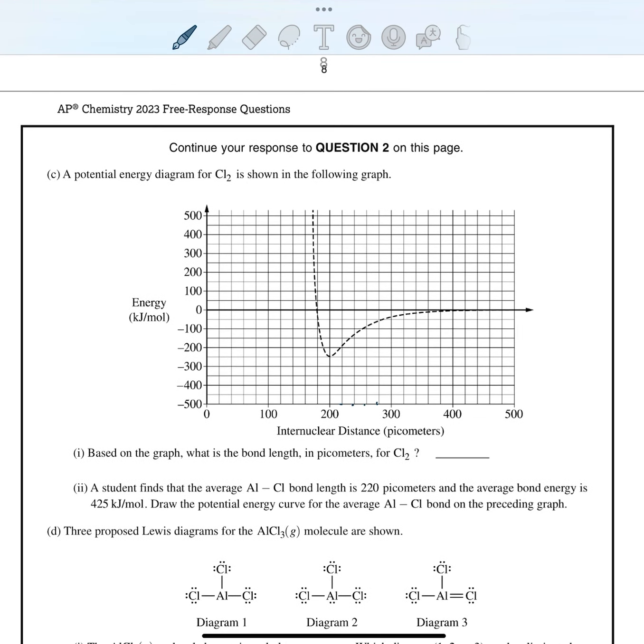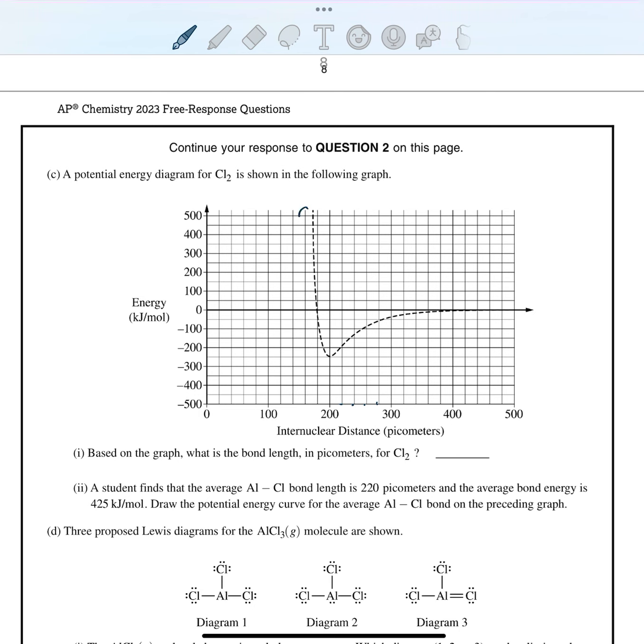This potential energy graph shows energy versus internuclear distance for chlorine. Based on the graph, what is the bond length in picometers for chlorine? If you've never seen this kind of graph before, what this is basically showing you is the energy between two atoms. So in this case, I'm looking at the energy between two chlorine atoms.